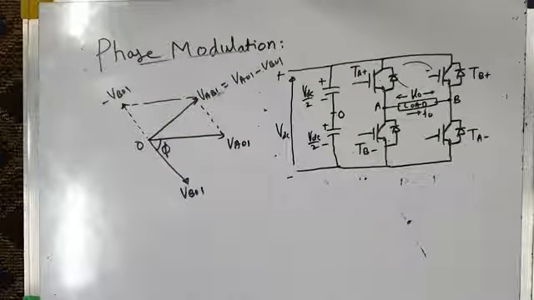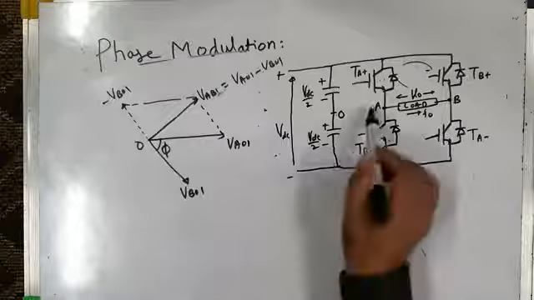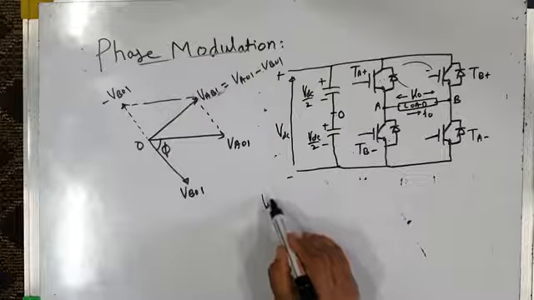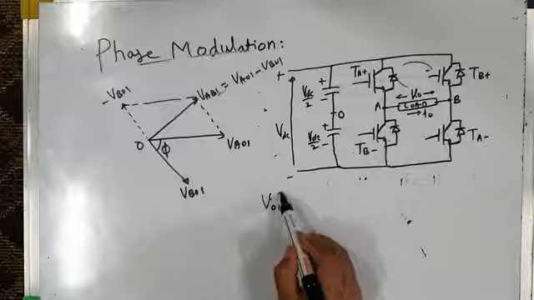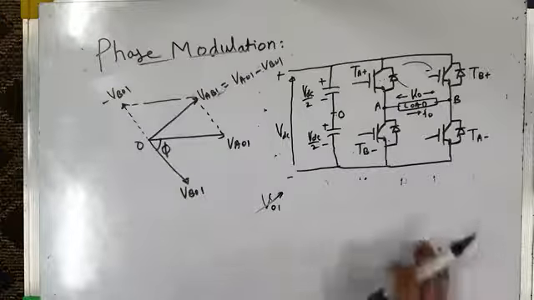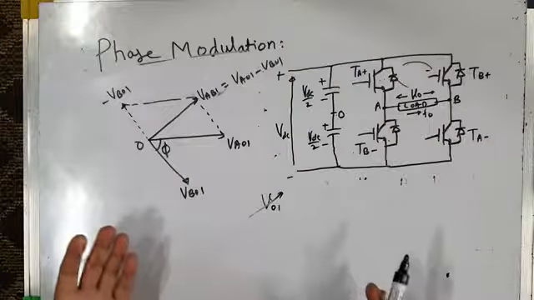So therefore, by controlling the phase angle between the two pole voltages, VAO and VBO, we can produce a controllable inverter output voltage. The fundamental component of inverter output voltage can be controlled. And the advantage of this method is that we are able to control the inverter output voltage from 0 to maximum at a very low switching frequency, because there is no high-frequency switching at all.